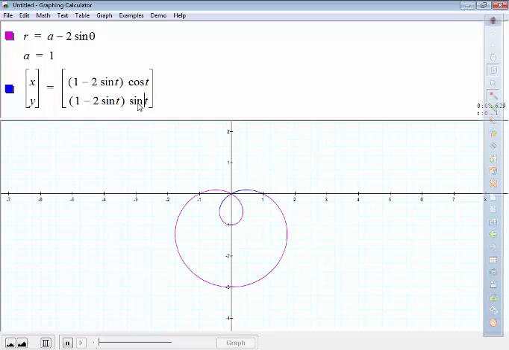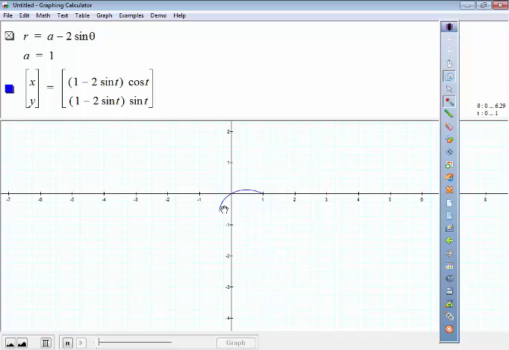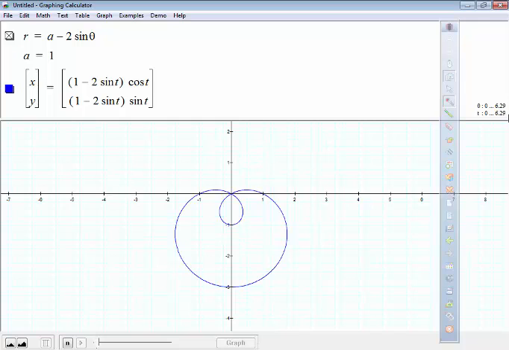So if we graph this, right now my t is only going from 0 to 1. So this is all I'm seeing, going from 0 to 1. But if I let my t go from 0 to pi, I get this much. And then if I let t go all the way from 0 to 2 pi, I get the whole thing, right?